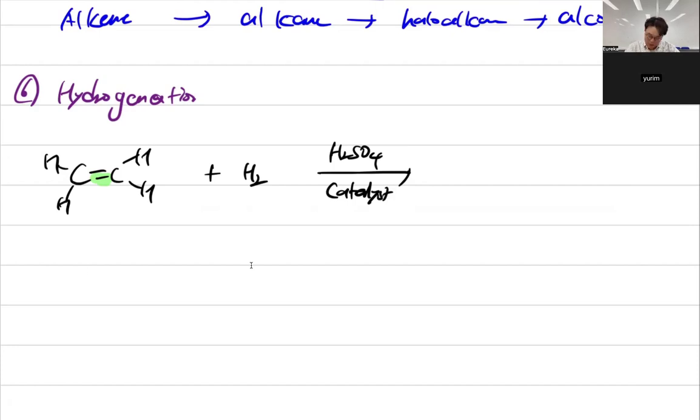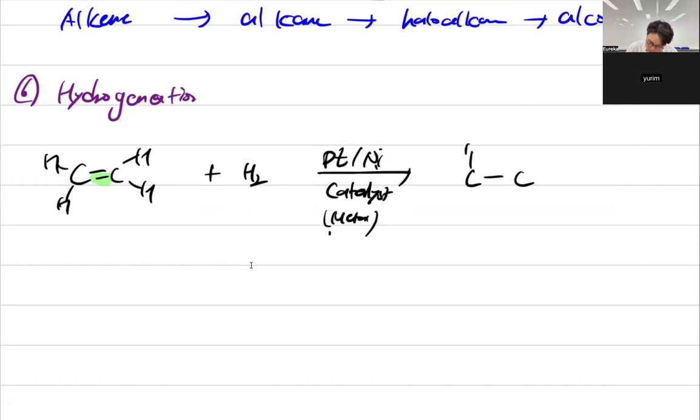Hydrogenation, hydrogen. Oh, it's actually given here. We use the catalyst called platinum or nickel. It's the term we generally use. So let's get rid of the H2SO4. Let's write it down: platinum and nickel, which are common metal catalysts. And what it does is it opens up the bonding. So it becomes like this.